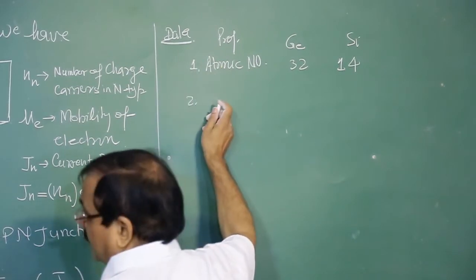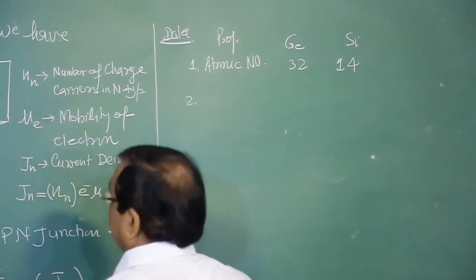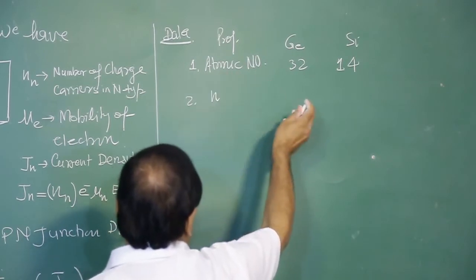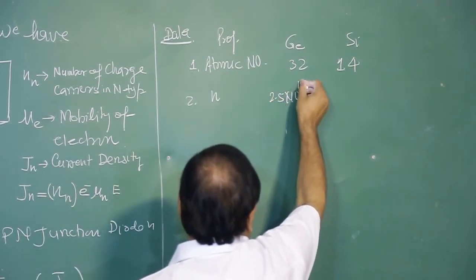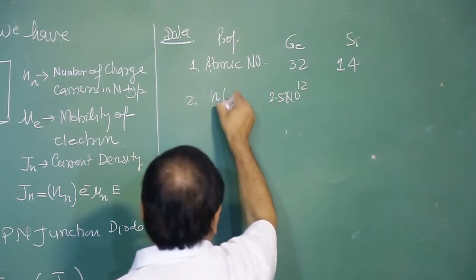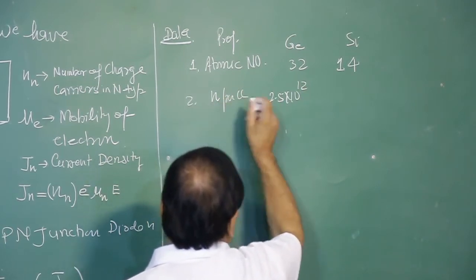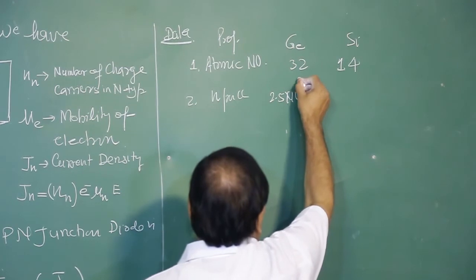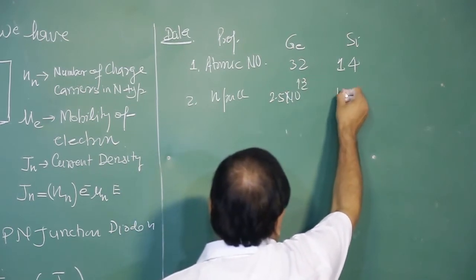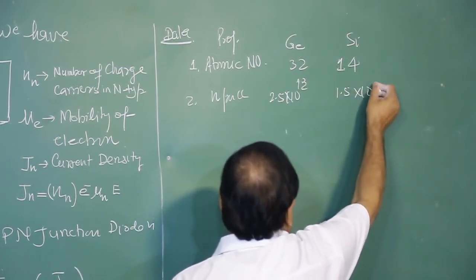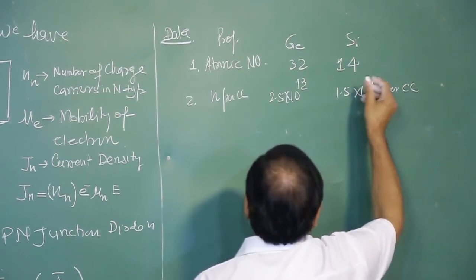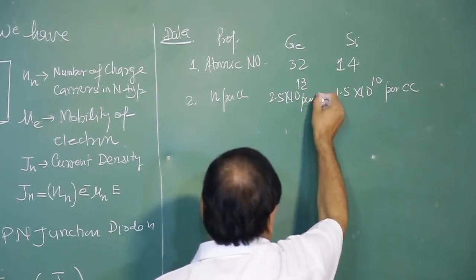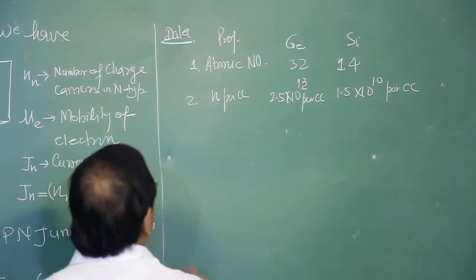Second, you can take n: 2.5 into 10 to the power 12 per cc, and here it is 1.5 into 10 to the power 10 per cc.